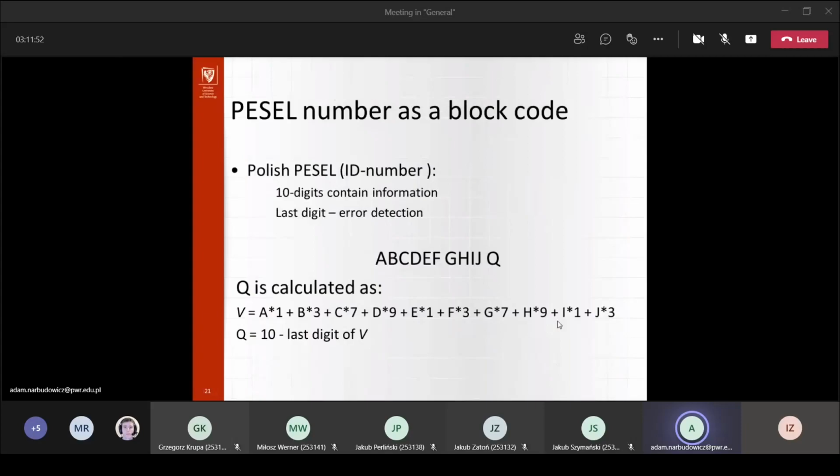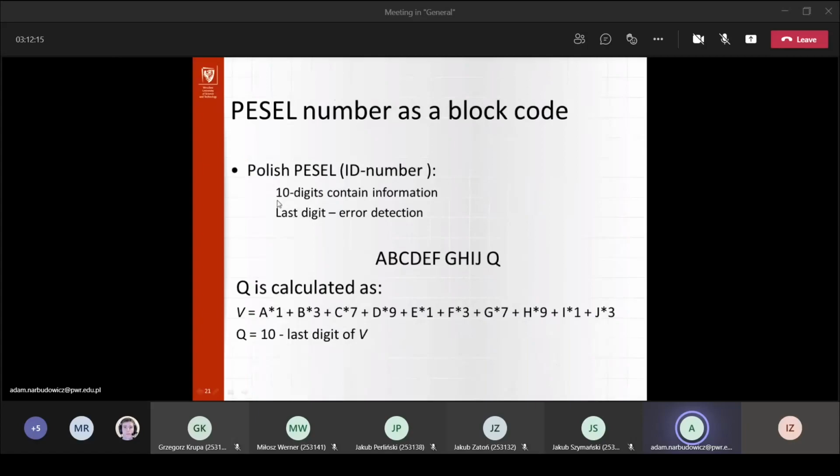Okay. And an interesting example is the PESEL number. Well, hopefully you all know that, but for those of you who don't know, PESEL is a Polish identification number. It's basically used for multiple reasons, including tax identification in Poland.